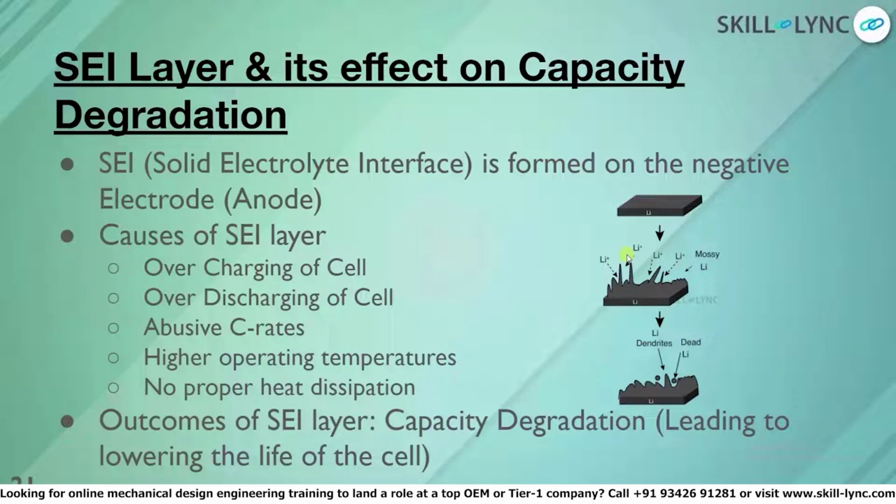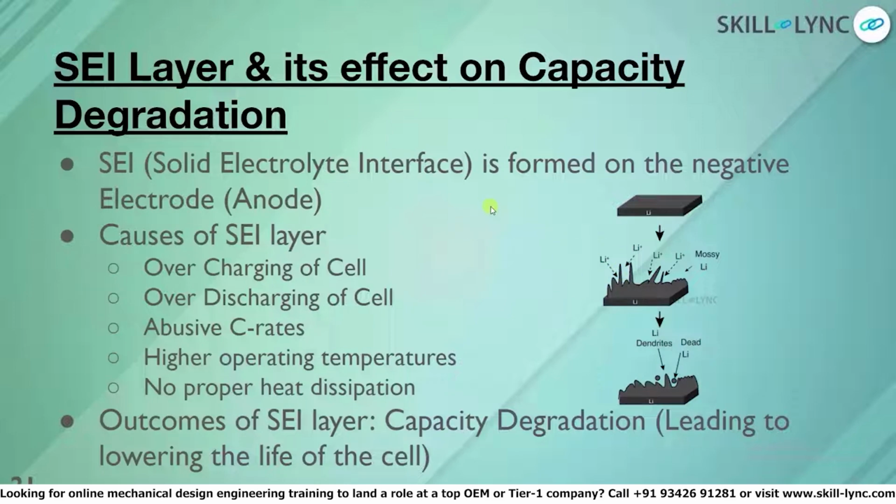And when we are overcharging it, all these lithium ions go and fix to the anode so badly that they are plated onto the anode. And when overcharging happens many number of times, these lithium ions are fixed to this anode portion. And when we are discharging, all these lithium ions move back to the cathode from where they have come from. So by doing this, the lithium ions can come sit on the anode and they go back. And by overcharging it, some of the lithium ions still remain on the anode only.